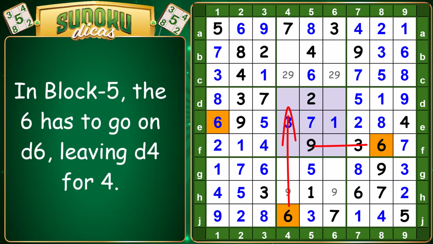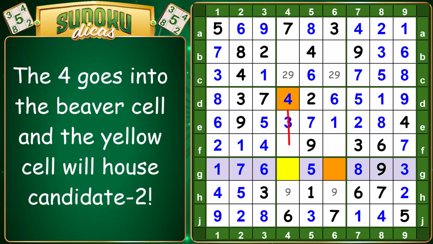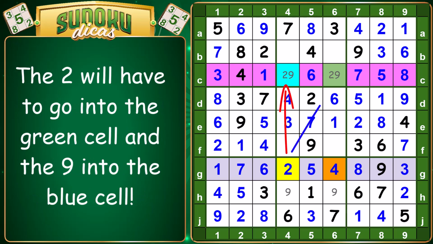In block 5, the 6 has to go on D6, leaving D4 for 4. The 4 goes into the beige cell and the yellow cell will house candidate 2. The 2 will have to go into the green cell and the 9 into the blue cell.